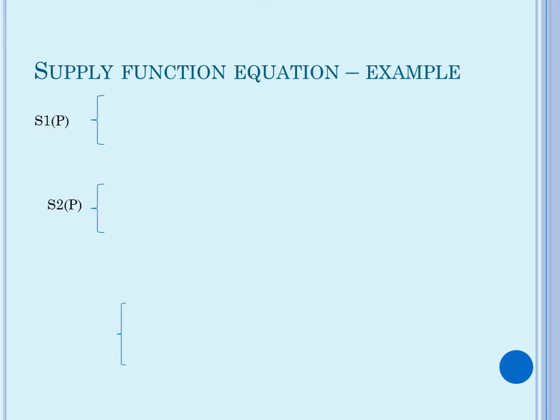So this is an example of a supply function equation. Suppose there are two producers in a market and their individual supply equations are given here, S1(P) and S2(P). First we go through the first supply function equation.